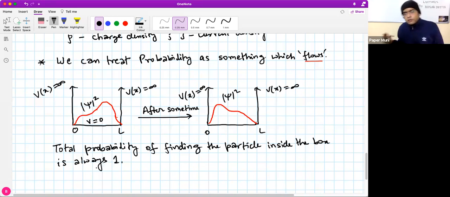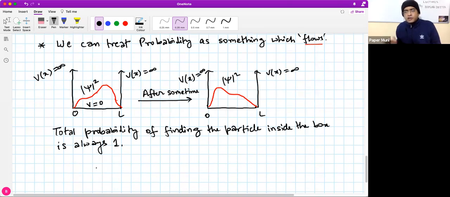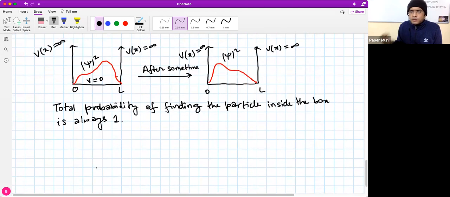So we can say the probability is conserved. The total probability is conserved always, because the particle is always inside the box. It's not going anywhere, but the distribution changes. So it's like a charge which is flowing around, but the total charge in the whole system is constant.